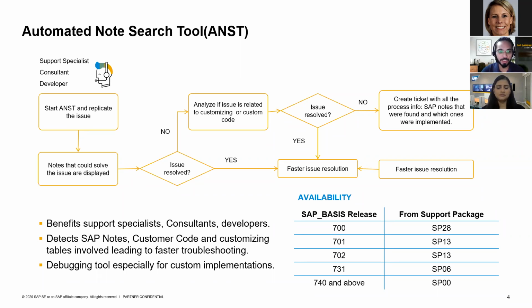So what ANST does is, instead of creating a sales order directly in the transaction, it can also be replicated using the ANST tool. And once this replication happens, it also identifies the list of notes that potentially could be one of those notes where this particular bug is resolved.